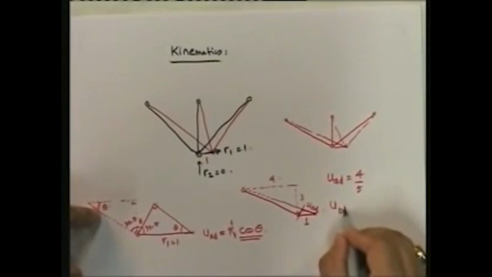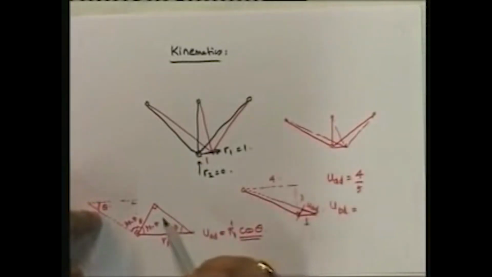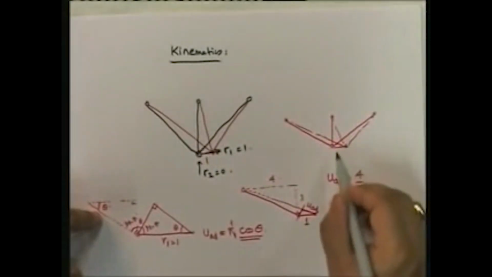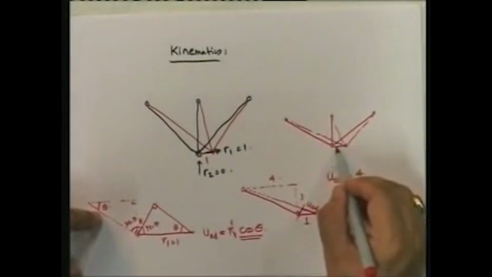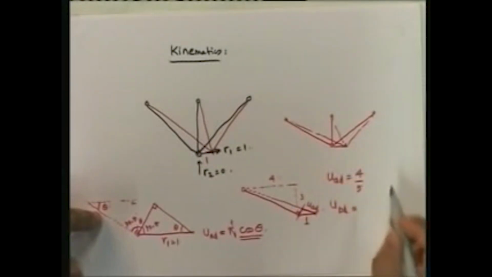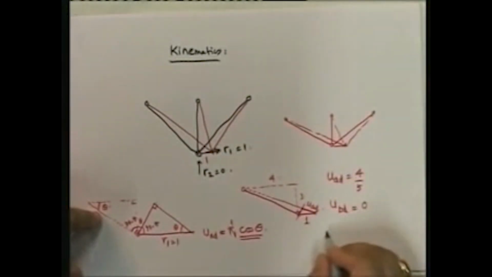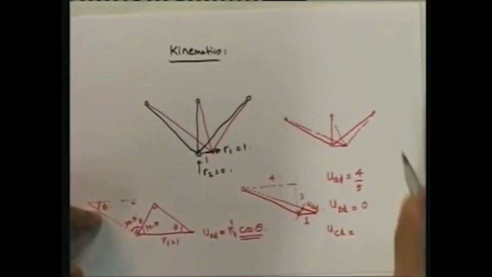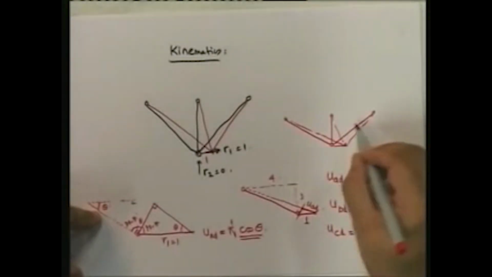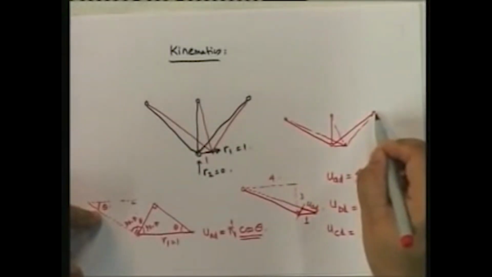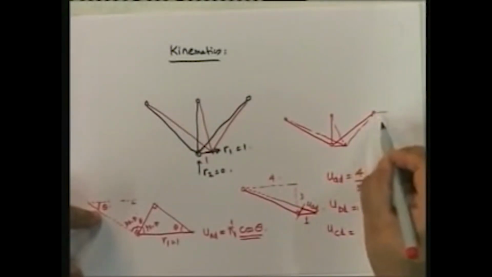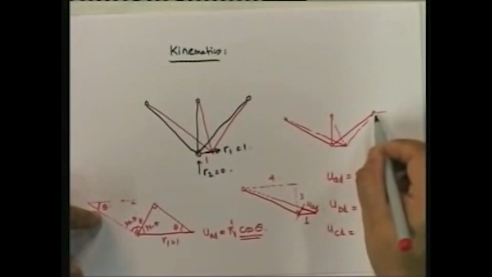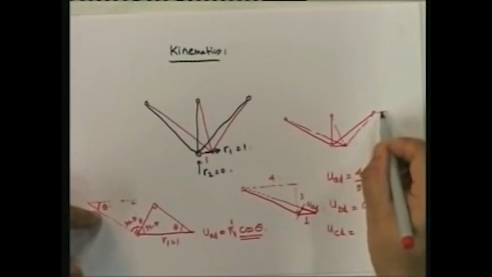What about UBD? What is this theta? 90 degrees. What's cosine of theta? 0. Well, it makes sense, right? Because if it moves perpendicular to itself, the change of length is 0. And what about UCD? Look at it, it's going to be equal to the angle made with the angle is this.